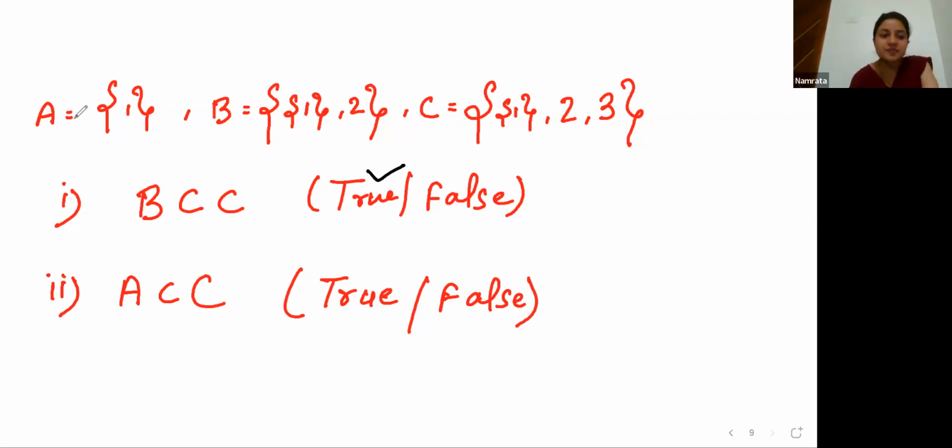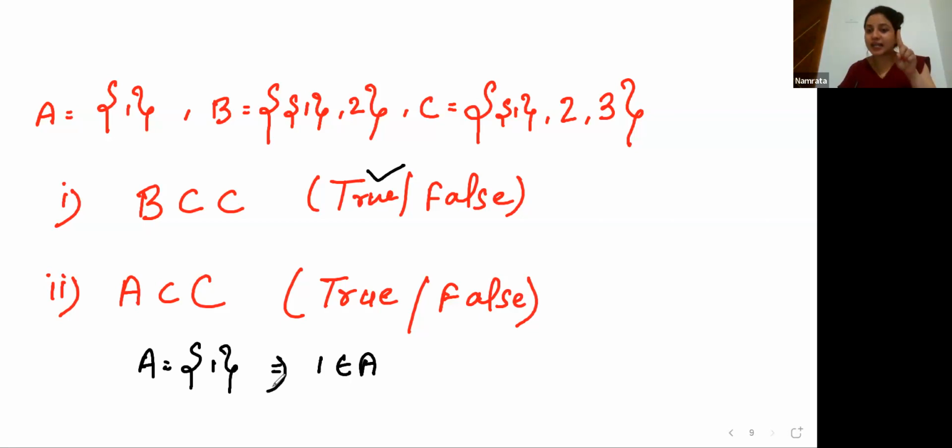Because here A is having an element 1. Just before starting the concept of subset, we discussed that whenever we are having a set and elements are there, we can write 1 belongs to A, right? This means one element which is 1 belongs to set A, right?